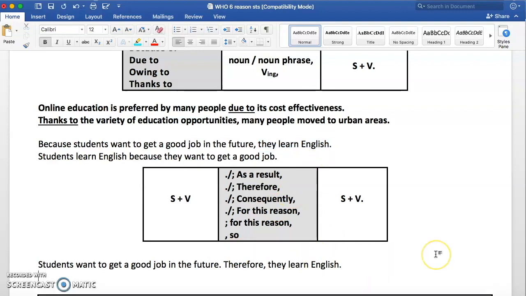Or, students want to get a good job in the future, semicolon, therefore, comma, they learn English. Okay, you can use as a result, consequently, and for this reason in the same way. Okay, so these are the structures to show reason-result relationship.